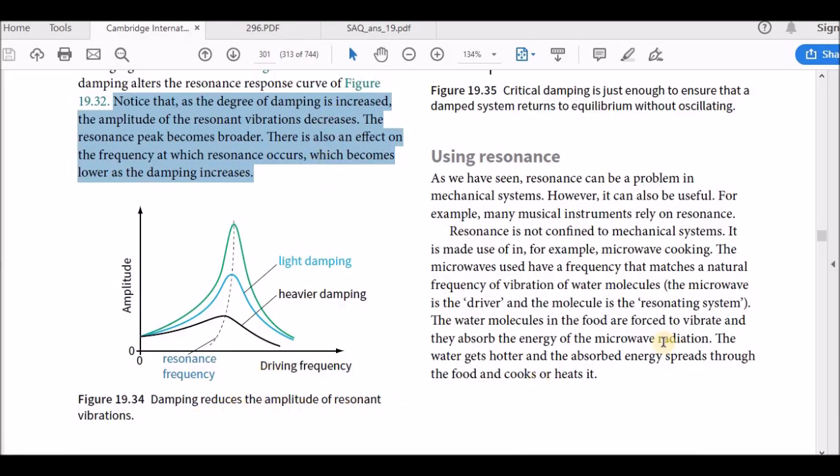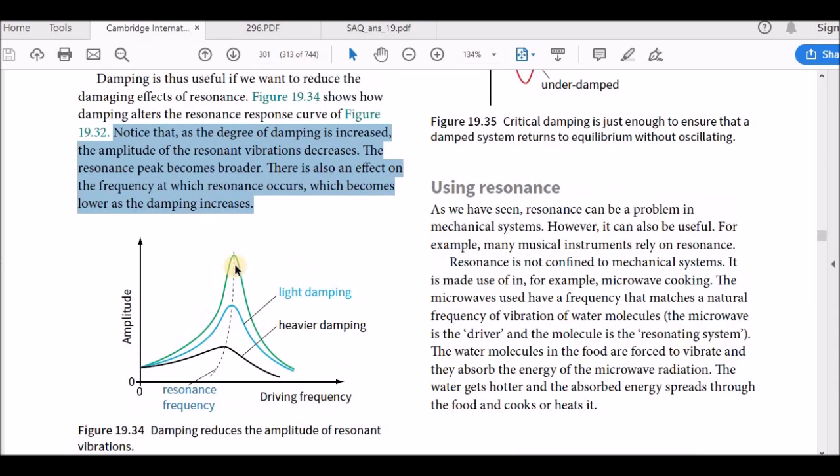Damping reduces amplitude of resonant vibrations. So 3 points again. The amplitude of resonant vibrations decreases, the resonance peak becomes broader, and the resonance frequency becomes lower.